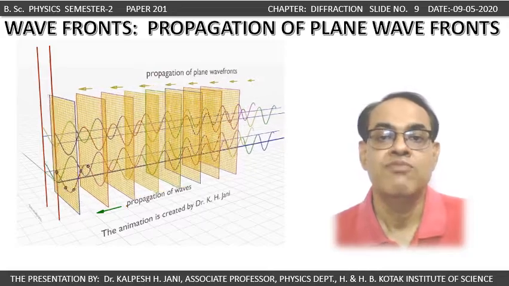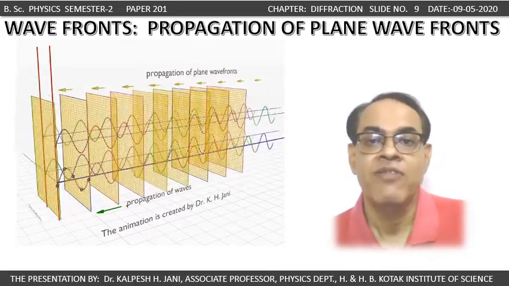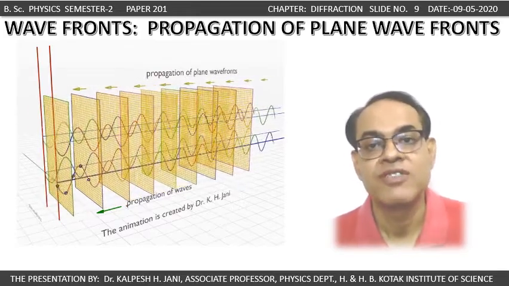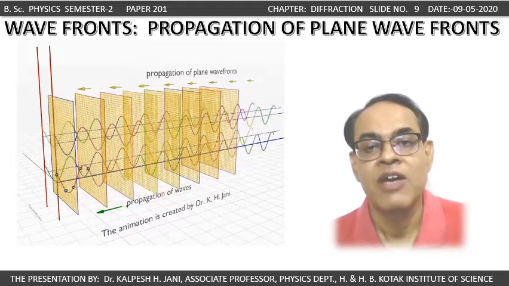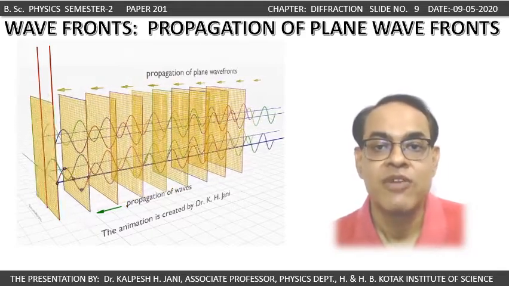Okay, but one question is still there: why are we looking at the waves in terms of wavefronts? Why have we disregarded waves by themselves and taken the concept of wavefronts?